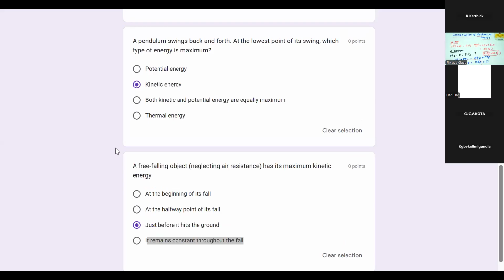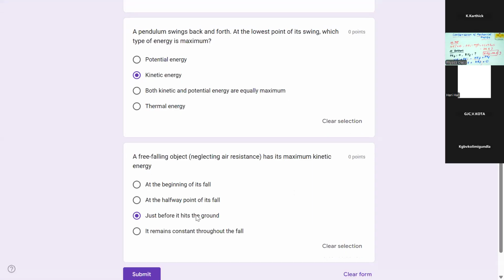Yes, C, just before it reaches the ground. Good, good. So already we have done one problem related to this topic. So a free falling object, neglecting air resistance, has maximum kinetic energy just before it hits the ground.